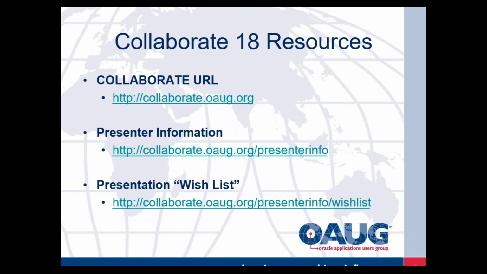Where do we see those tracks at the presenter info link? The presenter info / wish list. I believe it's a PDF that will list the tracks, the smart tracks, and for EBS, maybe this is my bad as the agenda chair, I didn't really give a description of EBS.